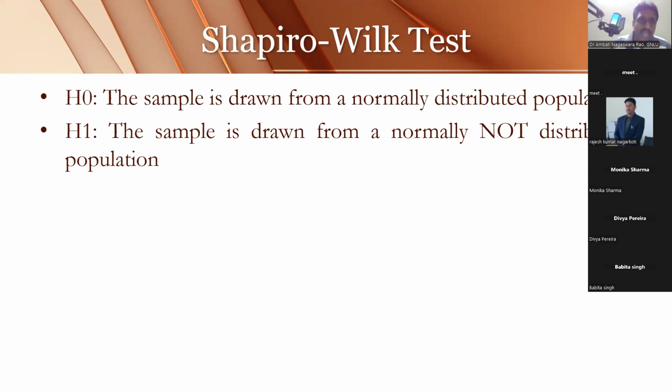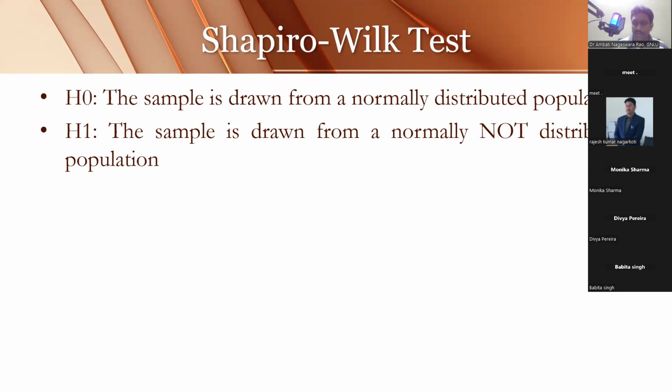As a researcher, I'm framing my null hypothesis for testing the normal distribution of the data. The alternative hypothesis is that the sample is drawn from a population that is not normally distributed.